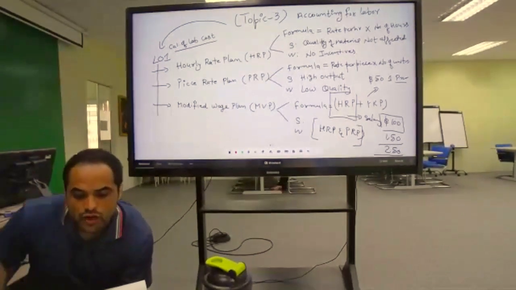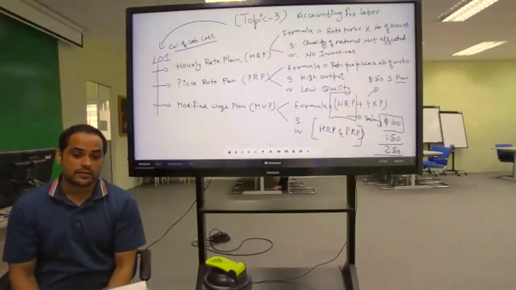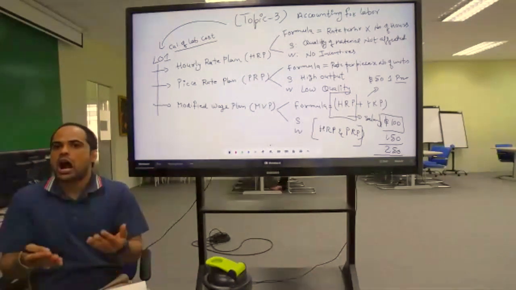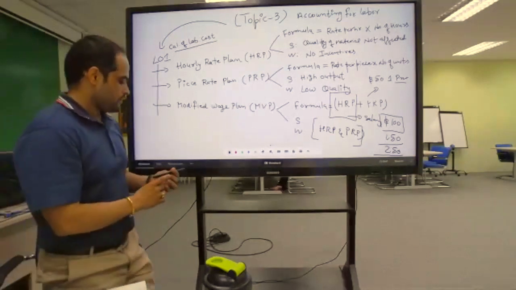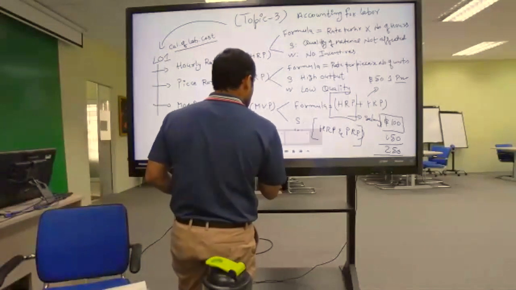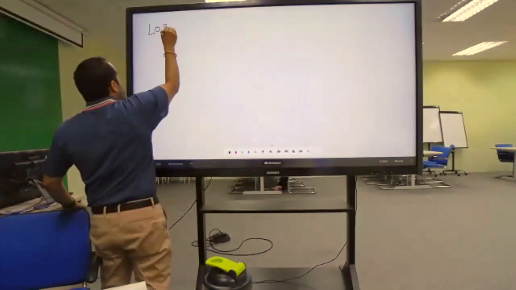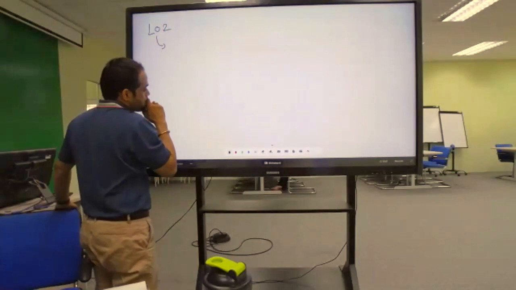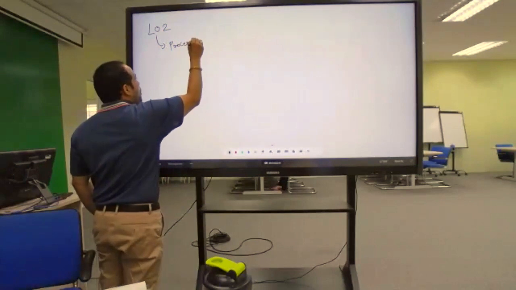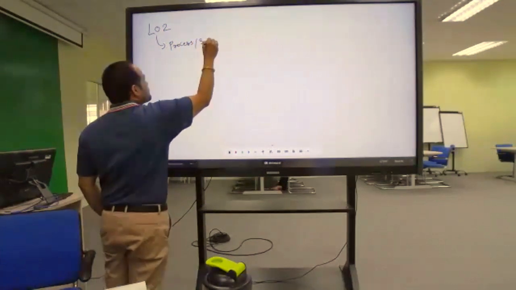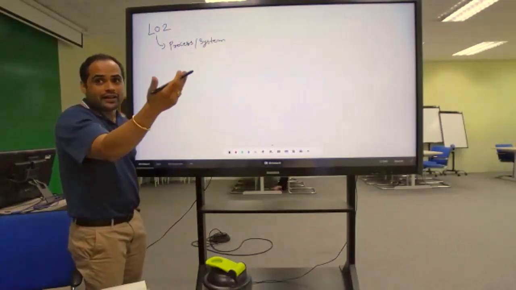Learning outcome 2 is about the process of recording labor cost, how we identify or how we record, what is the system to record the labor cost. What is the process or system to control the labor cost or record the labor cost?